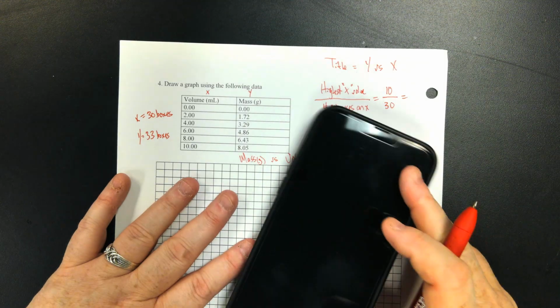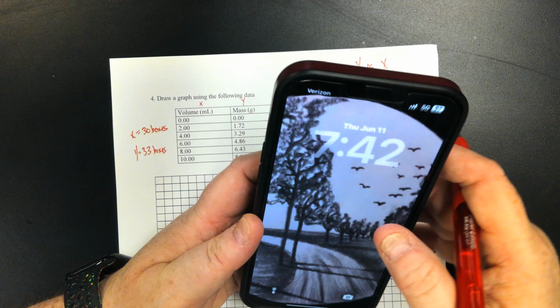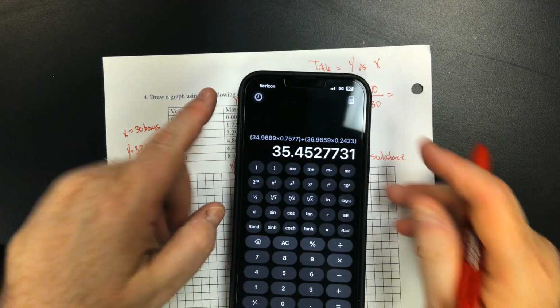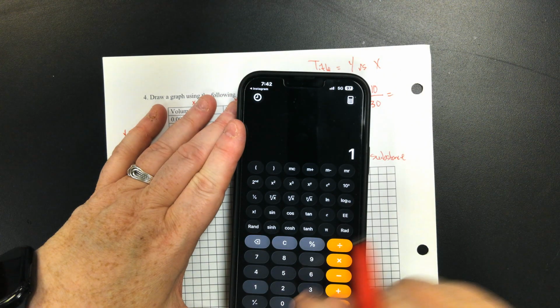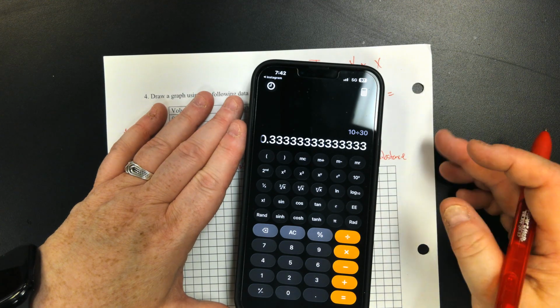So when I do that math, I'm going to get my calculator up here. 10 divided by 30 is 0.33333.